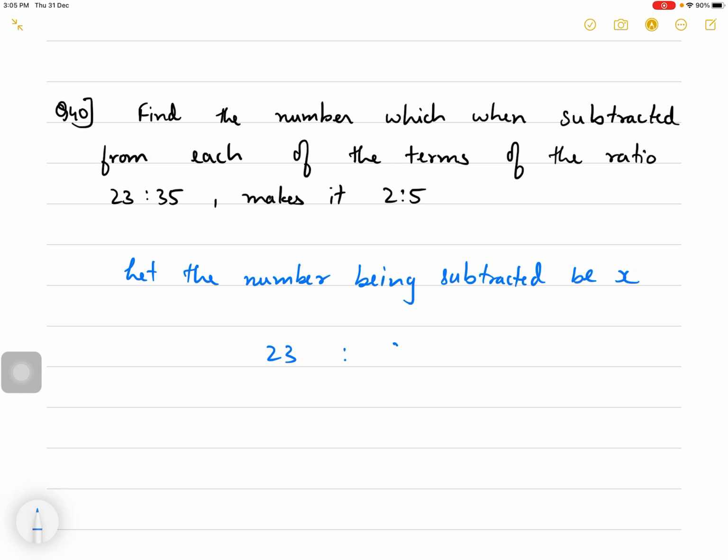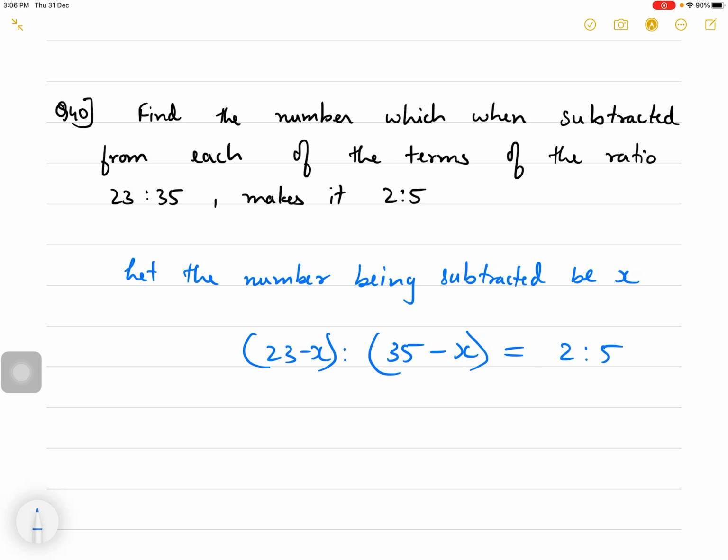23 is to 35 is the ratio and the number being subtracted is x. So 23 minus x is to 35 minus x, and this makes it 2 is to 5. Right? So 23 minus x is to 35 minus x is equal to 2 is to 5.